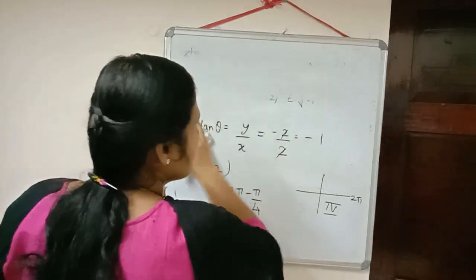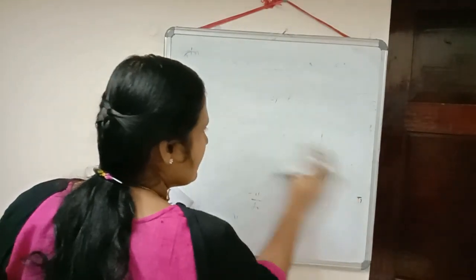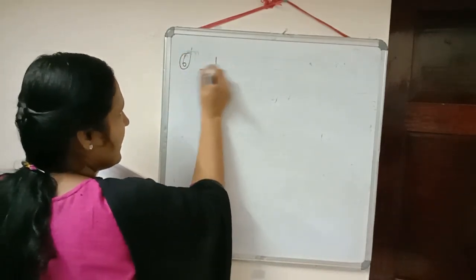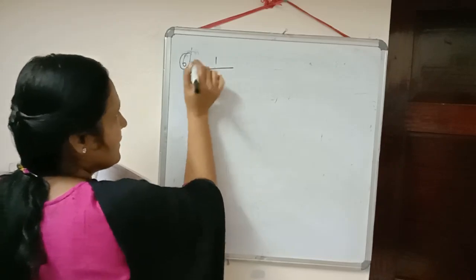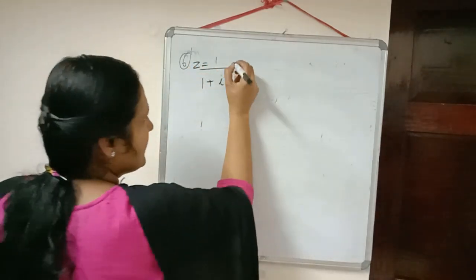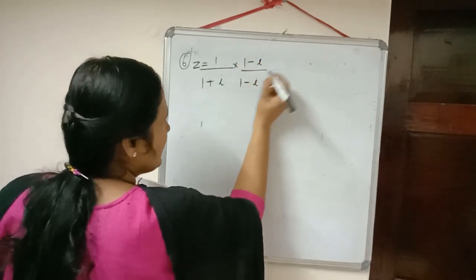Question number 6 is 1 by 1 plus i. Z is equal to 1 by 1 plus i. So again, first what we will do is rationalize it. So it will come 1 minus i by 1 minus i.